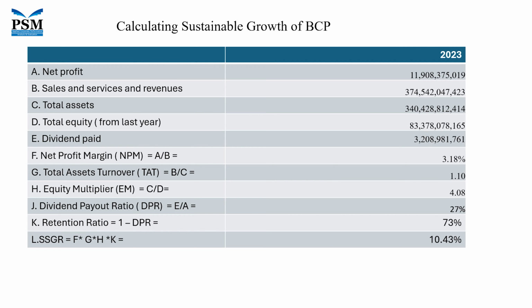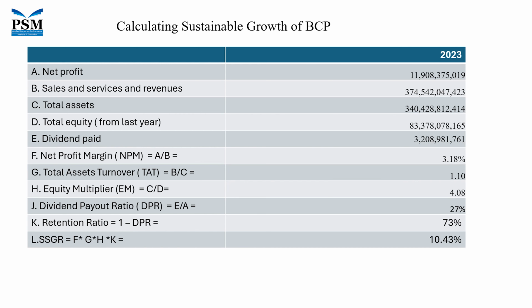Second is the sales and service revenue. Sales and services revenue is also taken from the income statement. It is the so-called top line, 374.5 billion Thai baht. We also take the total assets from the balance sheet of the company.